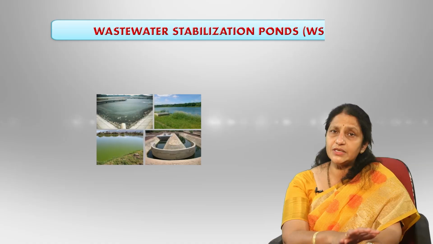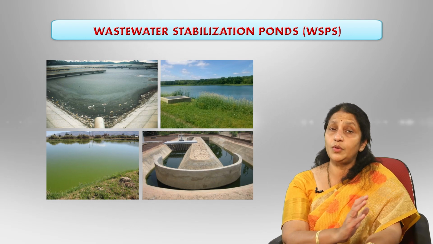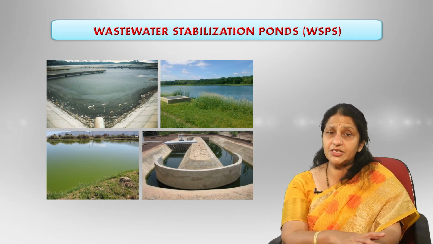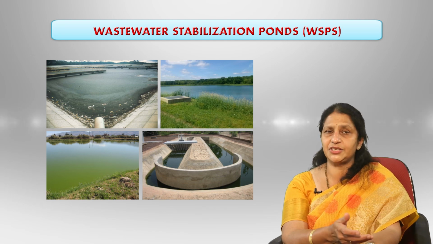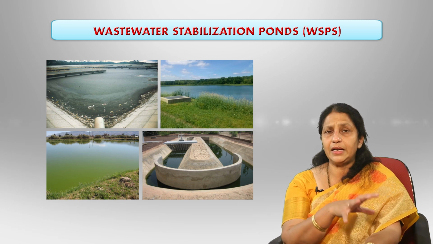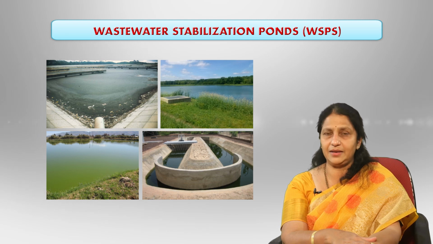Now, we will discuss some of the useful techniques which can be employed for the treatment of water. Firstly, the usage of wastewater stabilization ponds. What are those? They are large man-made water bodies in which black water or sewage water, otherwise grey water or fecal sludge, is treated by a naturally occurring process under the influence of solar light, wind, microorganisms and algae.